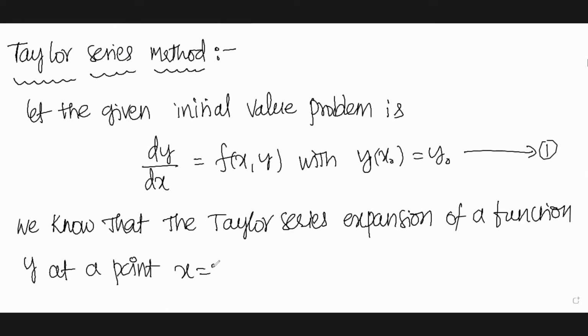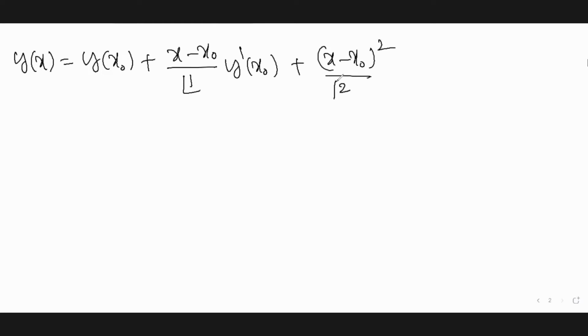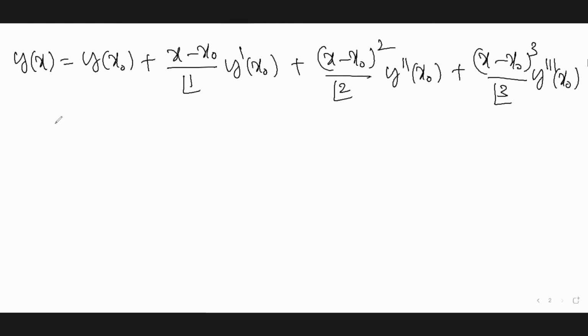What is the Taylor series expansion? y of x is equal to y of x naught plus x minus x naught by 1 factorial y dash of x naught plus x minus x naught whole square by 2 factorial y double dash of x naught plus x minus x naught whole cube by 3 factorial y triple dash of x naught plus x minus x naught whole power 4 by 4 factorial y fourth derivative of x naught plus and so on.